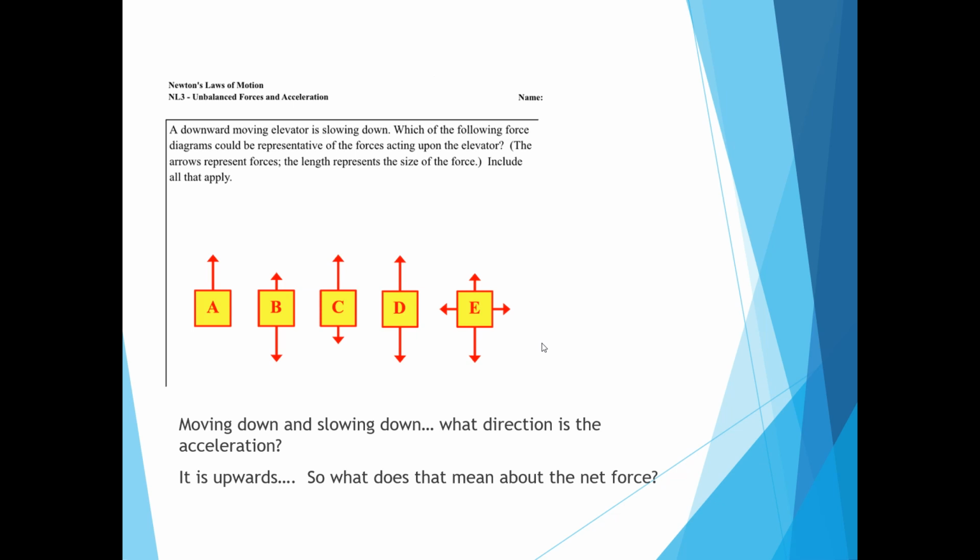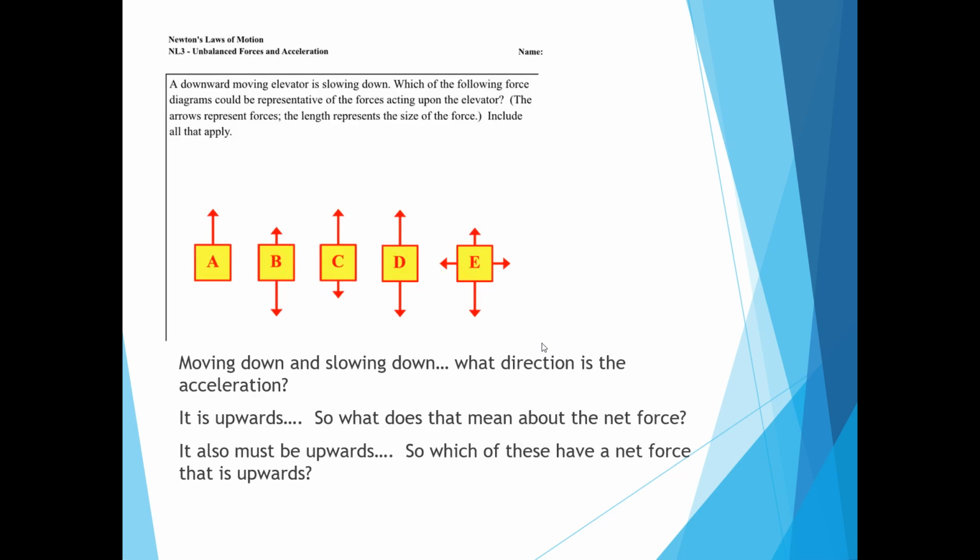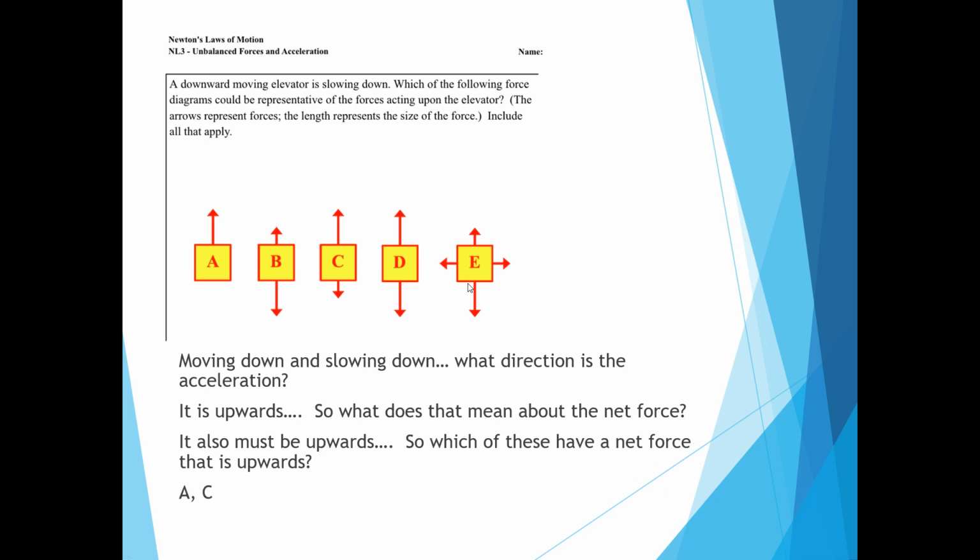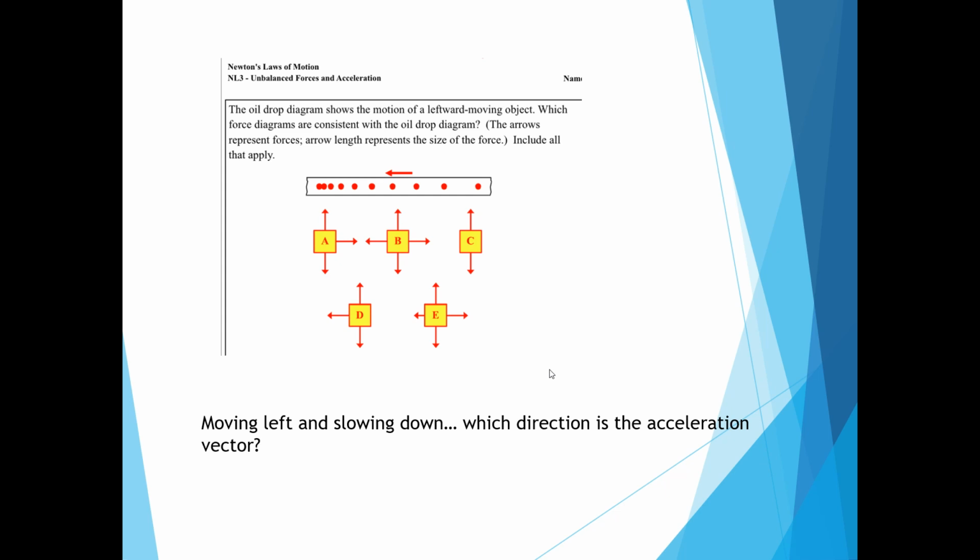The acceleration is up, the net force is up. So we've got to find all the ones that have a net force that is up. So of these options, which ones do you have? I'm thinking it's A and C. The other ones either are balanced or have downwards. So I believe this example is in your packet, so you can write any information that you need for this.